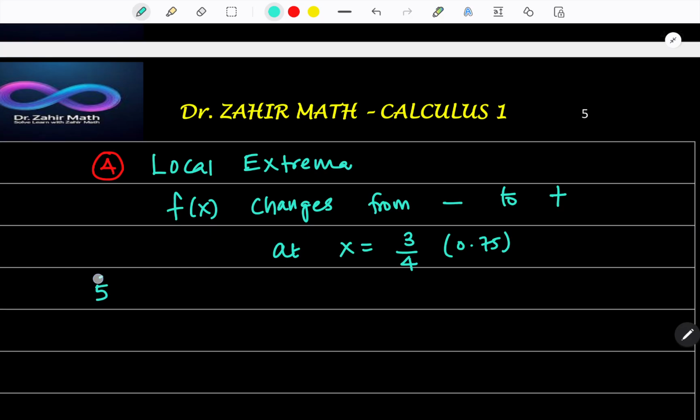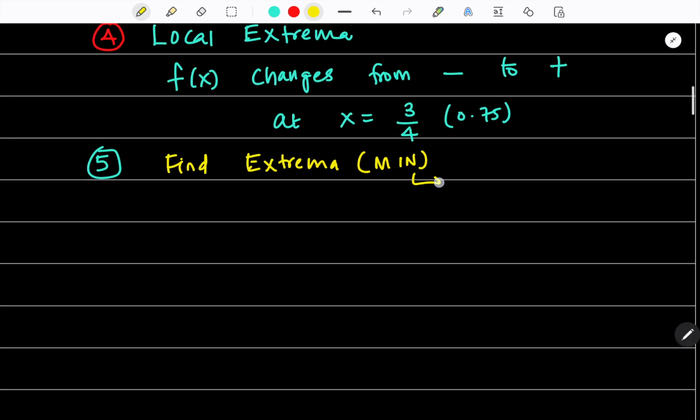Now the next step is you are going to find the extremum value or extrema. What is here? It is minimum, not maximum. Why minimum? Because here negative to positive. Negative to positive means minimum.